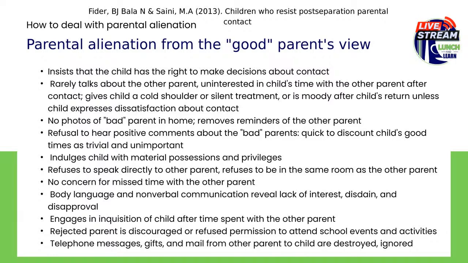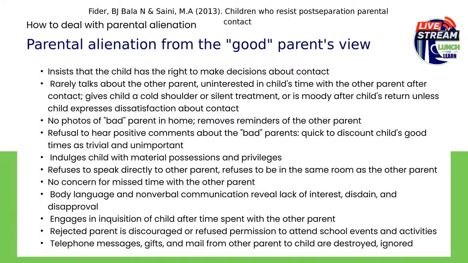From the other side, from the good parent's view, that is now the one that is proposed to be the one doing the alienation. And I want to spend some time on this because this is the behavior that we see most often in practice.